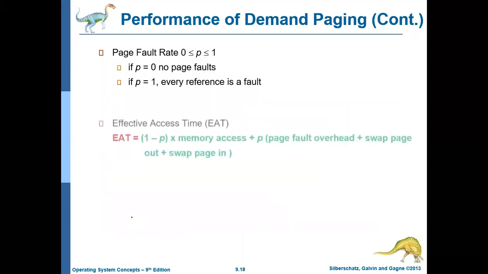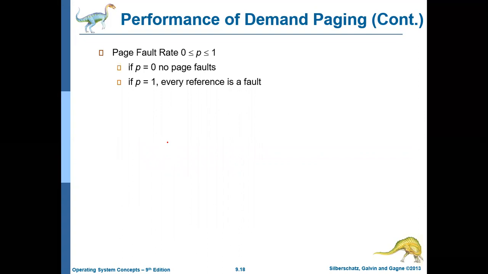Let us assume the page fault rate is given as P, the probability of a page fault, that is, the rate at which there will be a page fault. If P is equal to 0, it means there is no page fault at all; for a particular process all pages are available in the main memory.